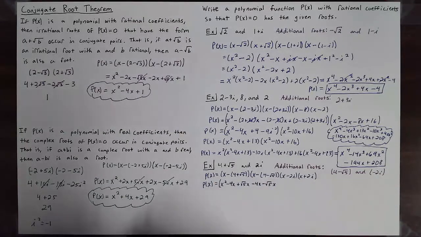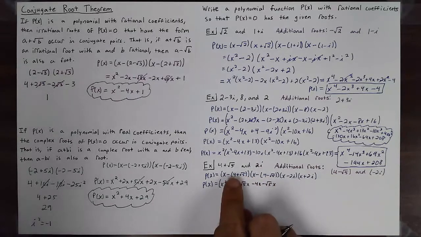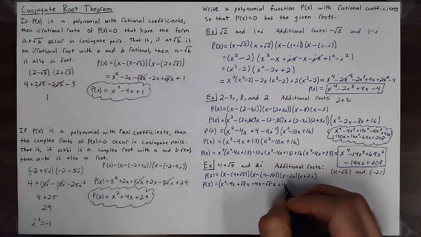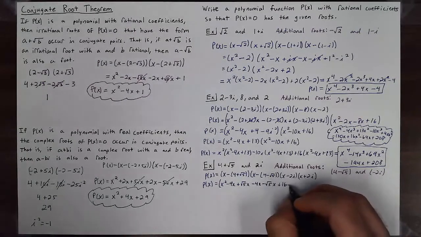The negatives cancel, and these are a conjugate pair, so I'll get 4 squared, which is 16, minus square root of 5 squared, which is 5.